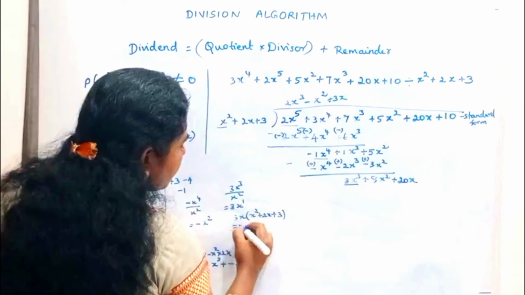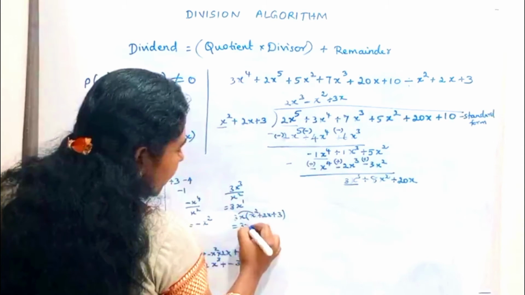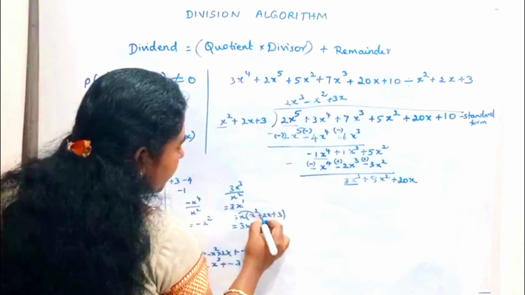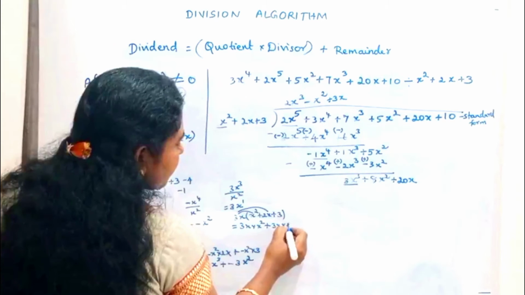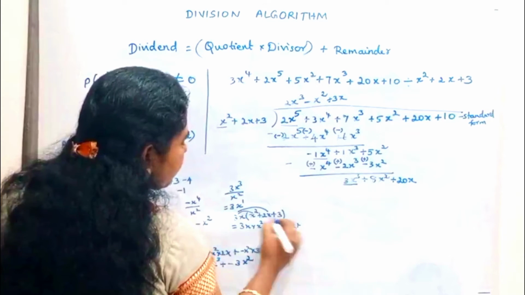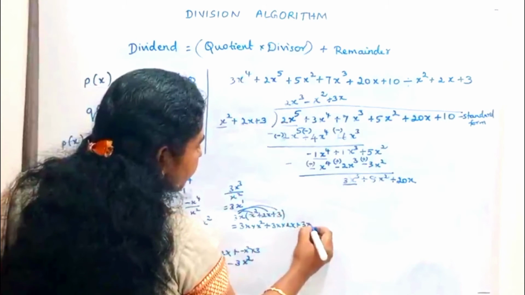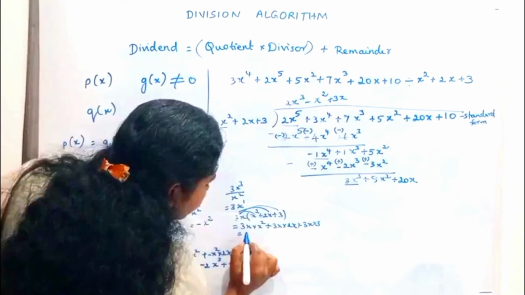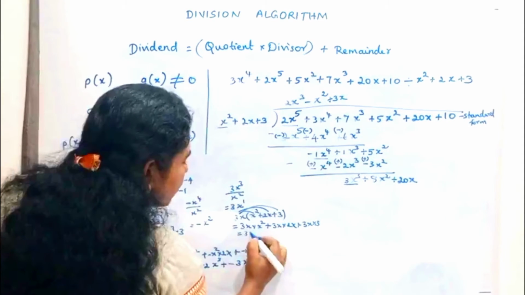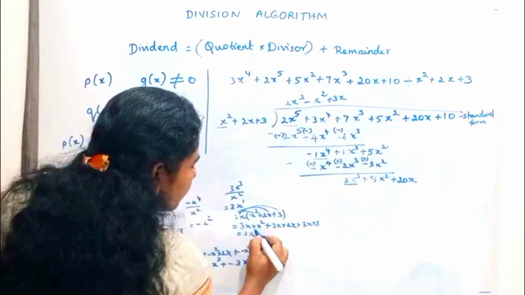So now this is equal to 3x into x square, then plus 3x into 2x, and the next plus 3x into 3. Now 3x into x square becomes 3 into x power 1 plus 2, so it is 3x cube.